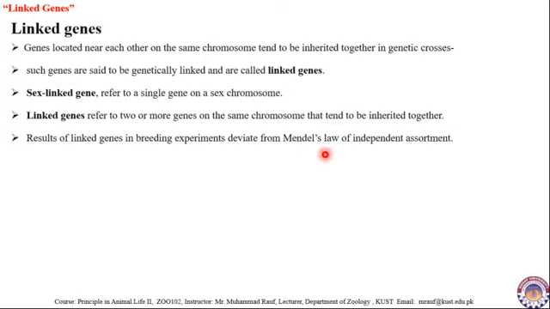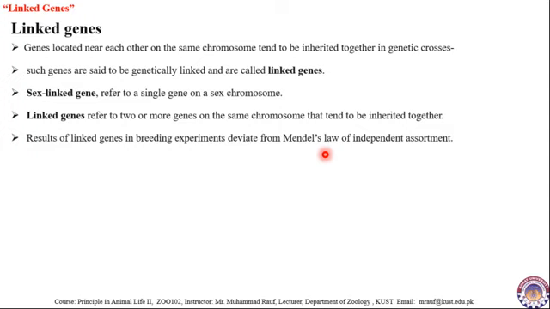In the second law, Mendel stated that the factors responsible for determining different traits are segregated independently from each other. He used the word factor for genes, and he said that a particular factor which controls seed shape will segregate independently of another factor which determines seed color.